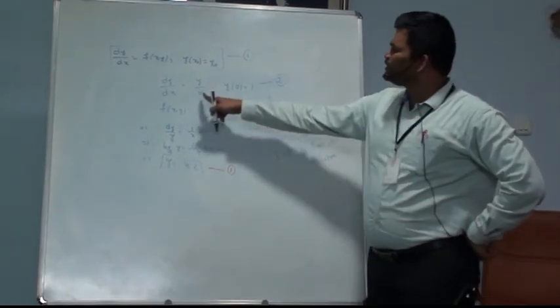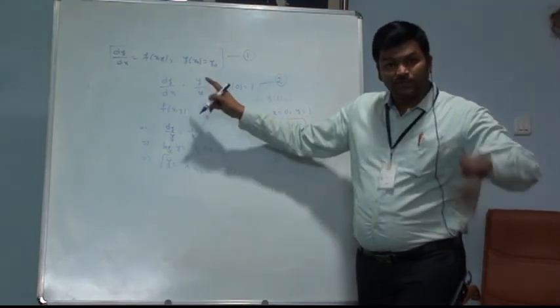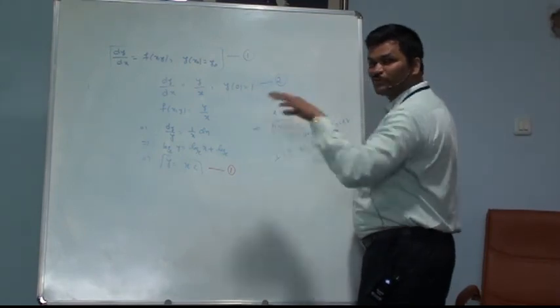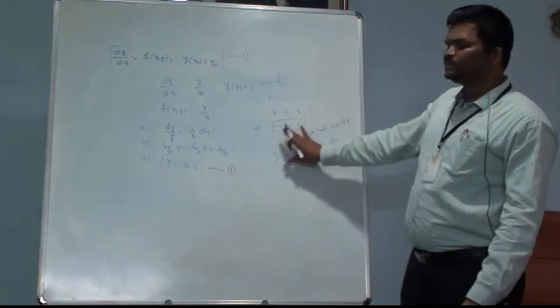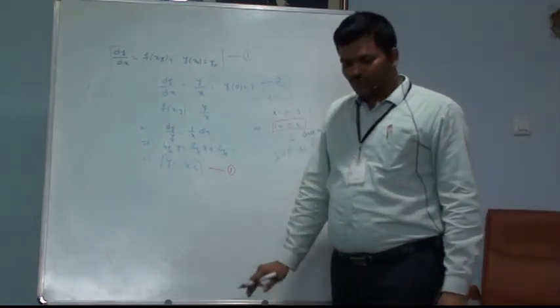Because in the denominator there is x. That too you are taking y of 0 is equal to 1. You are putting x is equal to 0. That is the reason. This problem has no solution.